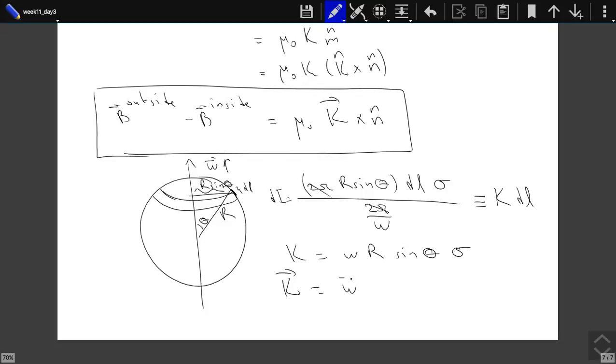So this is omega cross r times sigma. If you remember circular motion, omega r sine theta is nothing but the speed at that point. Omega cross r is just the velocity at that point. So the surface current density is nothing but the surface charge multiplied by the velocity.